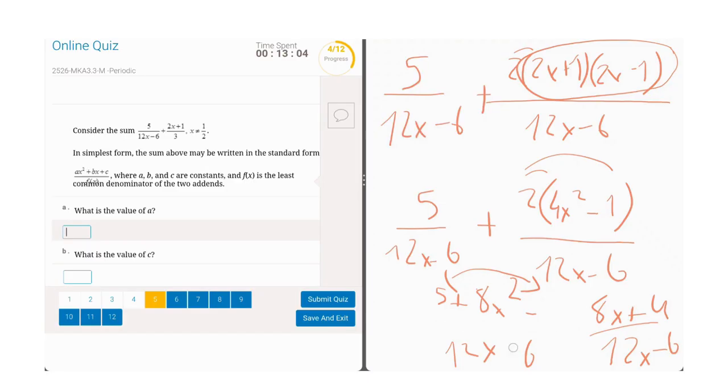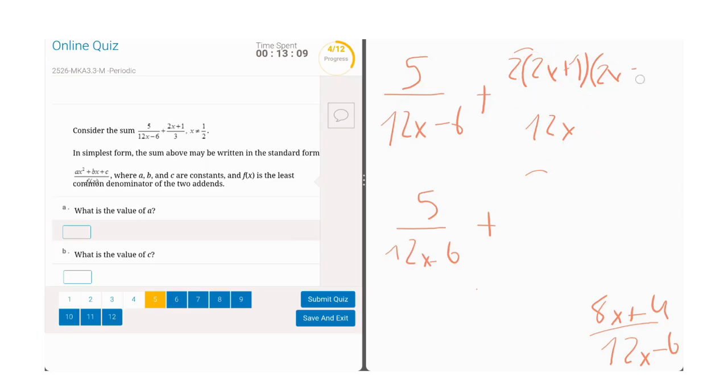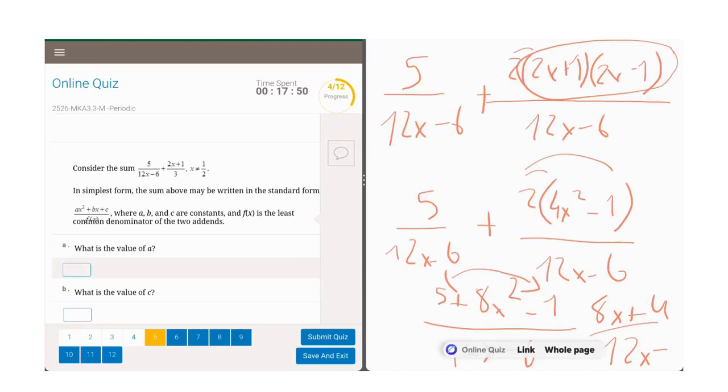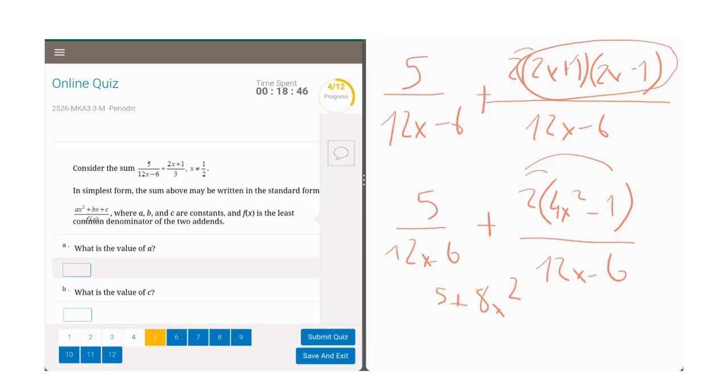Now, let me erase everything else. So I made a mistake. I'll go back and delete this because I mistook this. So here I made a distribution mistake and I wrote 8x squared minus 2, it has to be, over 12x minus 6.